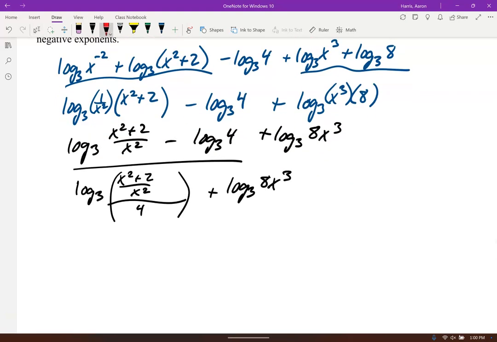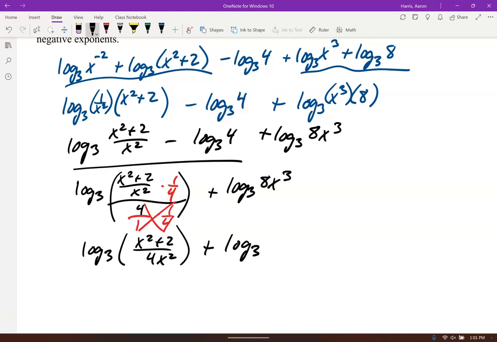Well, that's 4 over 1, so I have to simplify that, multiply by 1/4. So what I have is log base 3 of (x squared plus 2) over 4x squared, plus log base 3 of 8x cubed. And now I've got a plus, so I can multiply these.